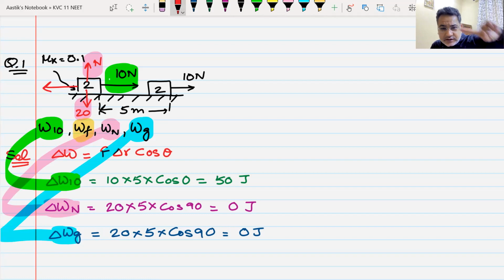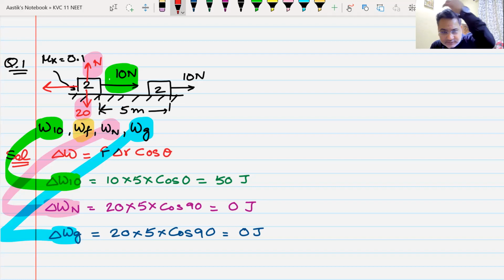The body is moving in the forward direction, so friction would be in the backward direction. What is the value of frictional force?